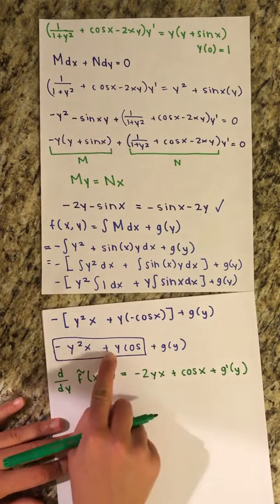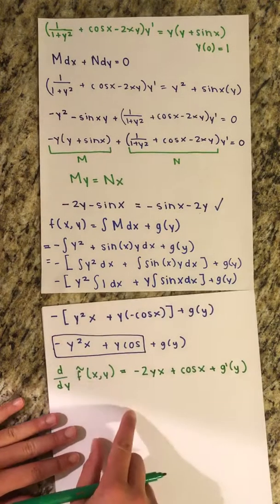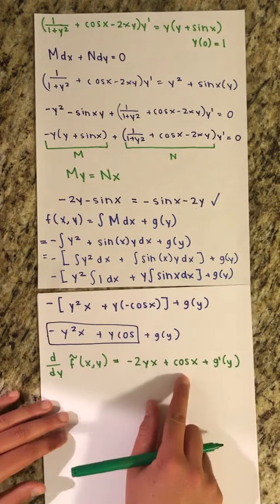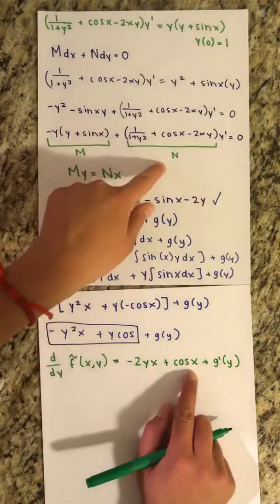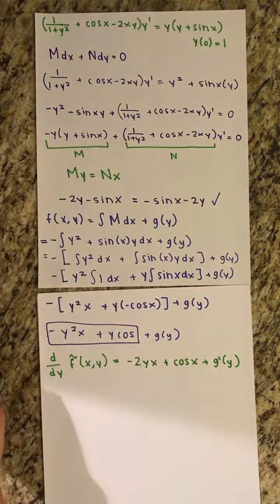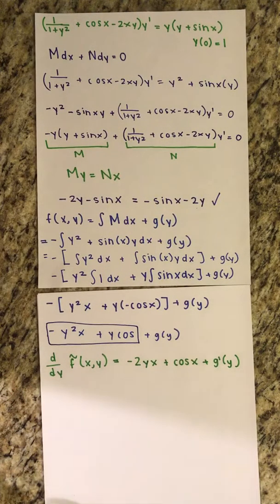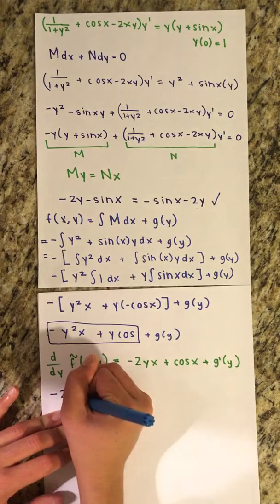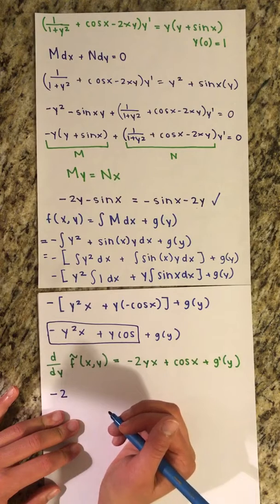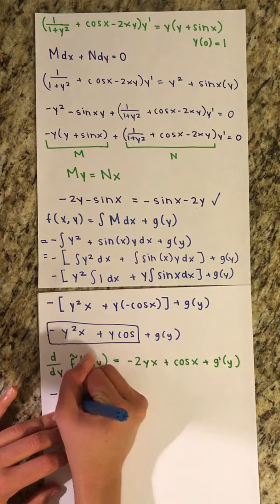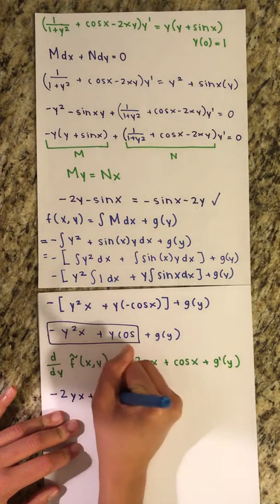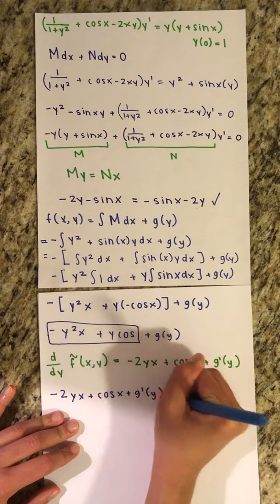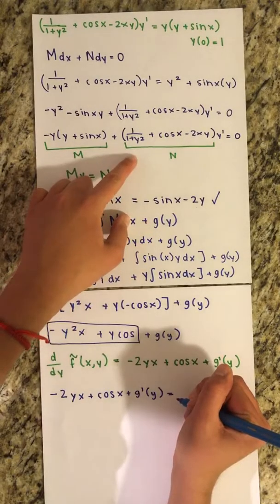So we took the derivative of it in terms of y. So then what you want to do is take this and set it equal to your n, so what you found up here. So what you're going to do is what you just did, and set it equal to the n right up here.